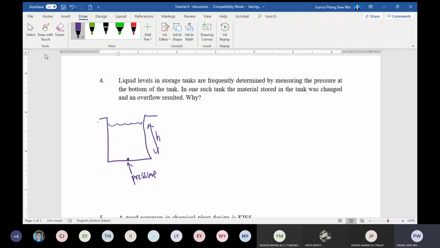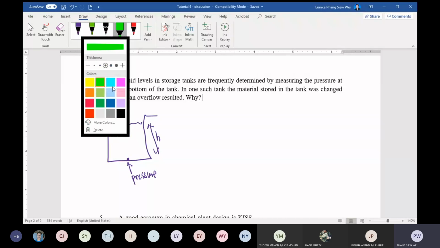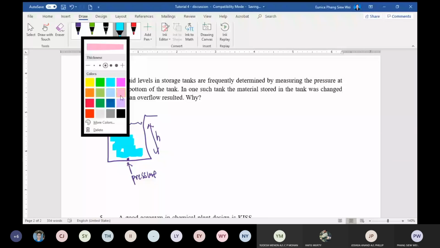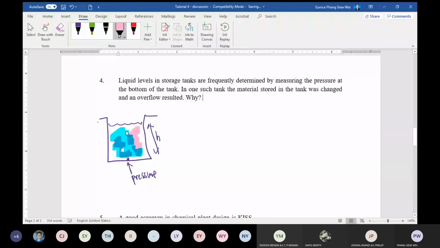And one day we change the material into this one. And then the storage tank overflowed. Why? What causes that overflow? The different material probably has a different density. Yes, you got it. That's the answer. Density change.